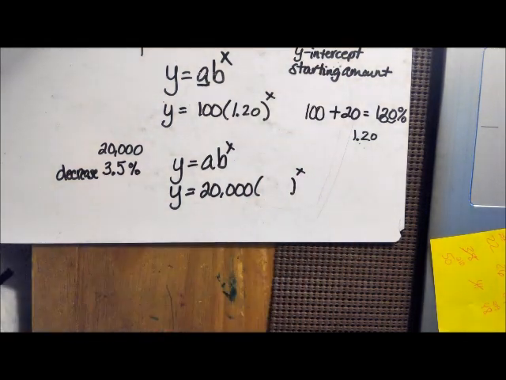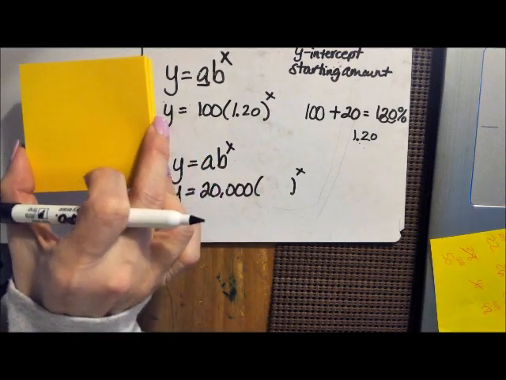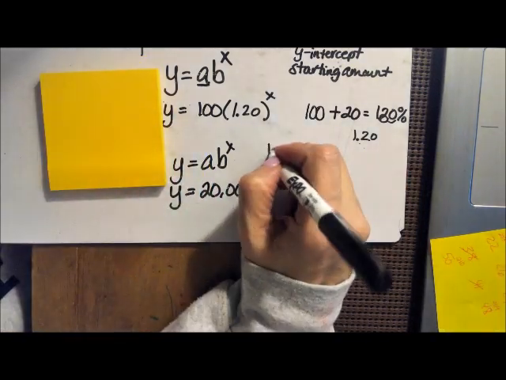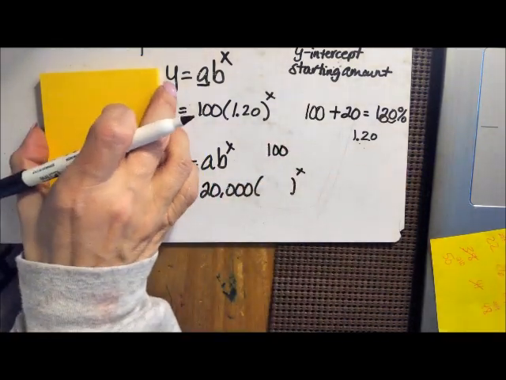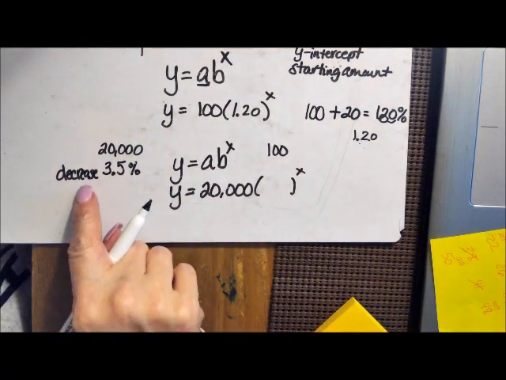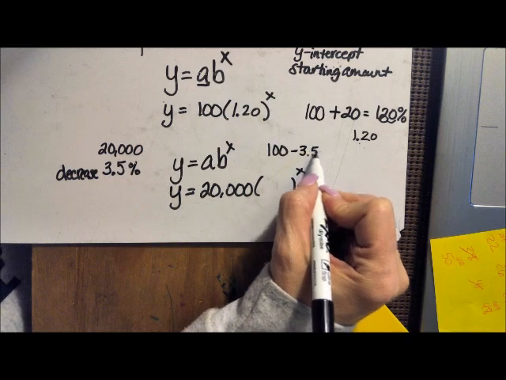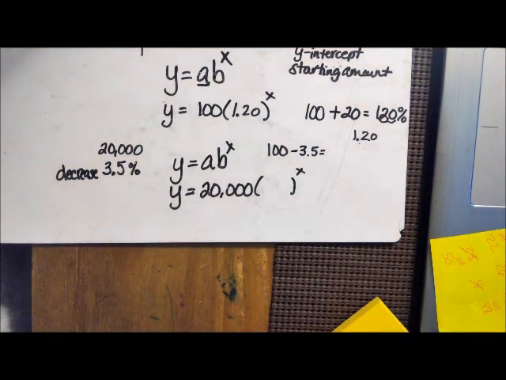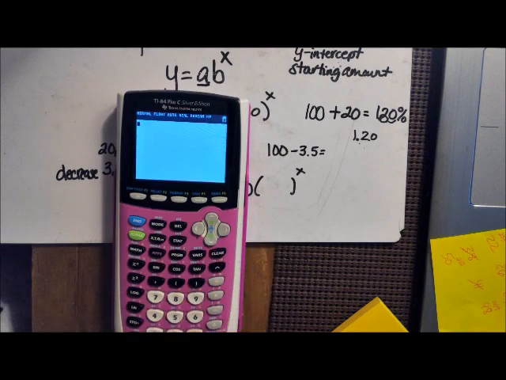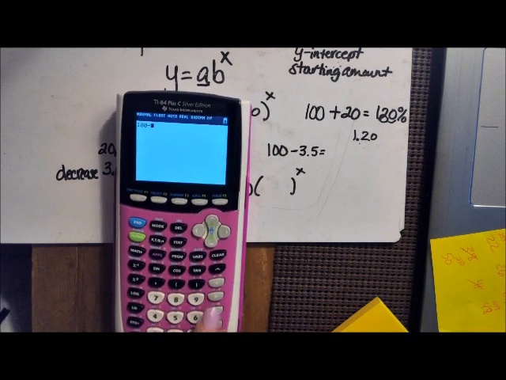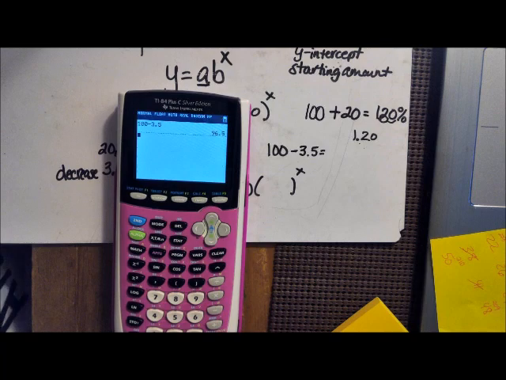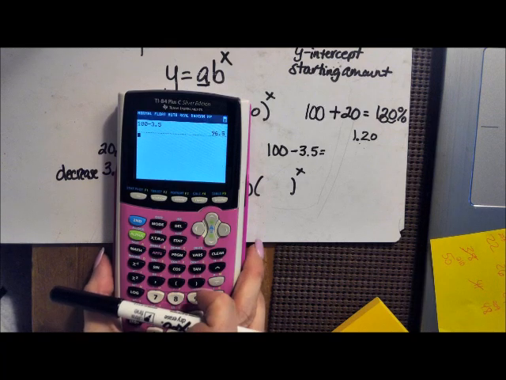Okay, I go, here's my car, I buy it. I buy 100% of my car, right? 100% of my car. But when I drive it off the lot, it decreases by 3.5%. What is 100 minus 3.5? So I'm going to put it in here. 100 minus 3.5 is 96.5.